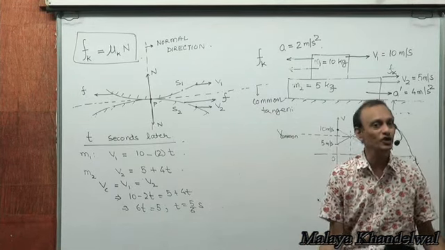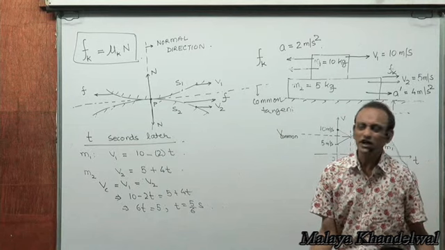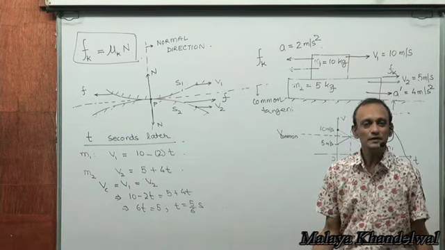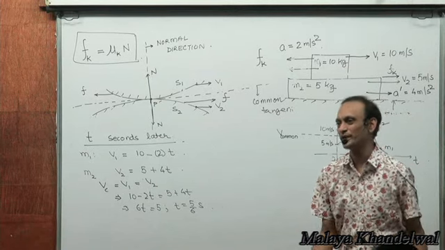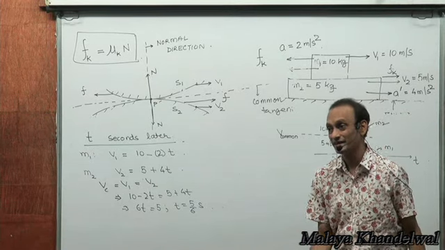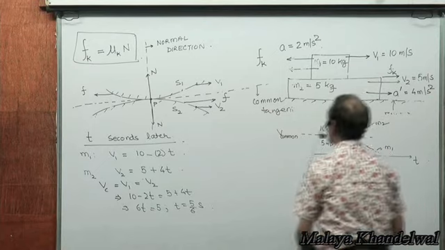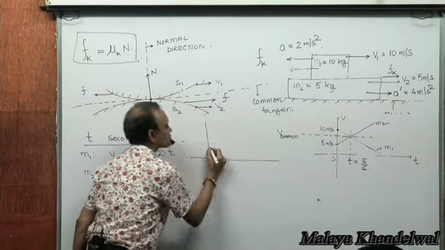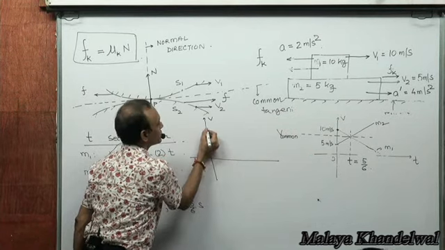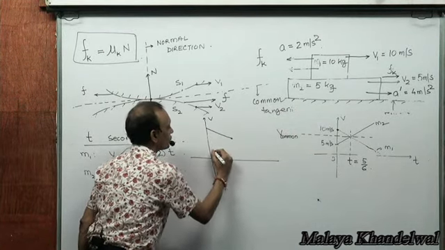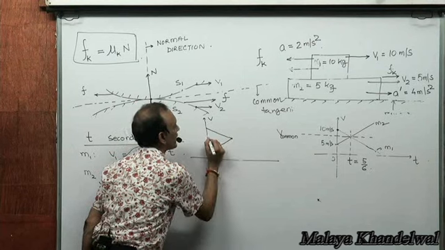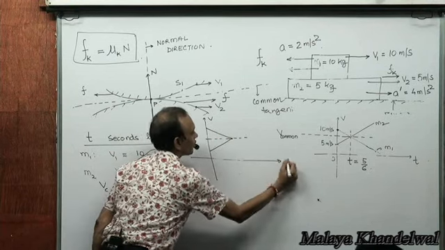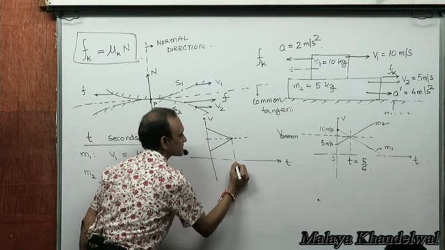Now, once that velocity is obtained, friction again is not selfish like human beings. It says, my job is done. I'm not going to act beyond this point. So eventually they acquire a state where the velocity of 2 is decreasing, velocity of 1 is increasing, and they acquire a common velocity at t equal to 5 by 6.